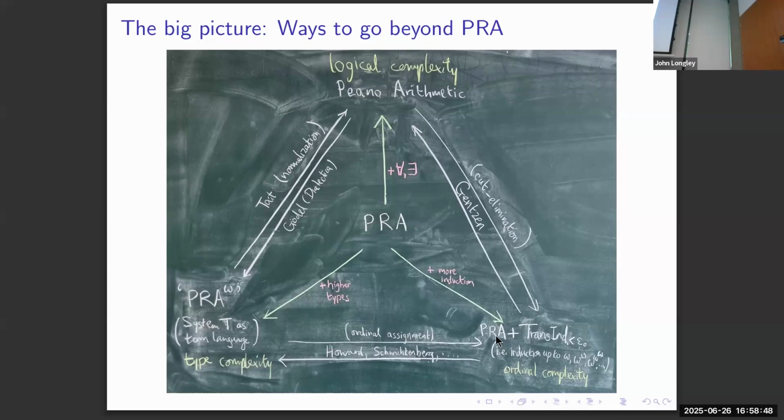Or would it be a different one? I don't see how. Well, you can say that the provably total Turing machines, the ones that define total functions provably within Peano arithmetic, the functions they compute are exactly the system T definable ones.